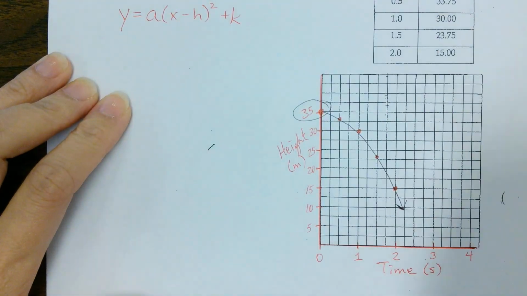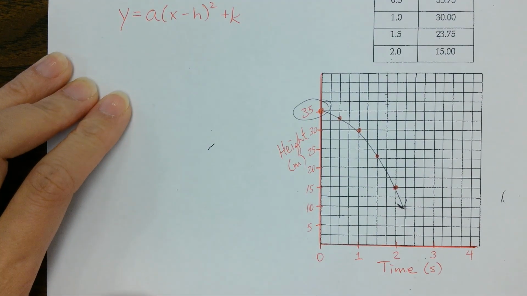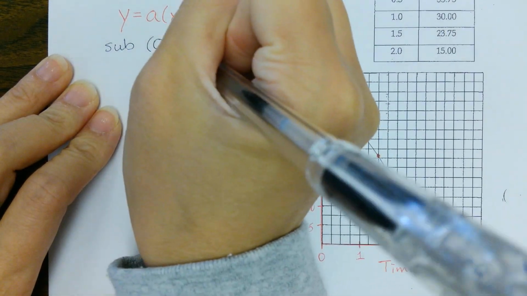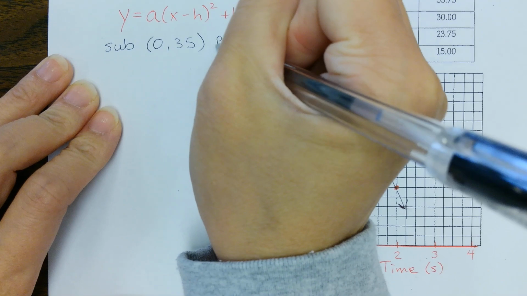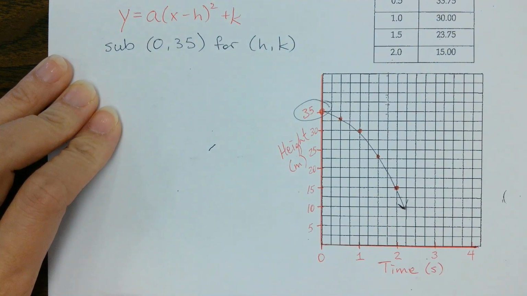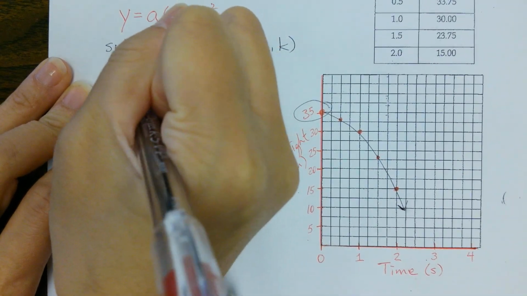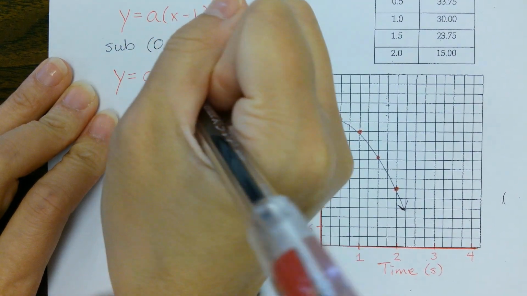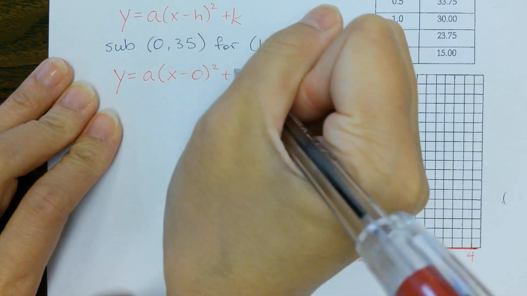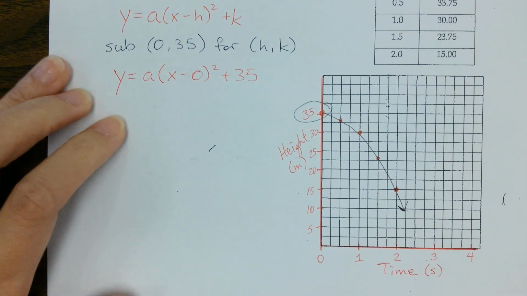So sub that in for h and k. So y equals a(x minus 0) squared plus 35.